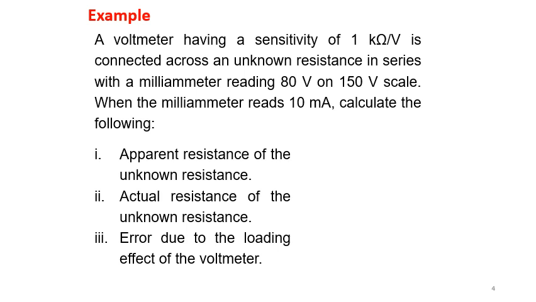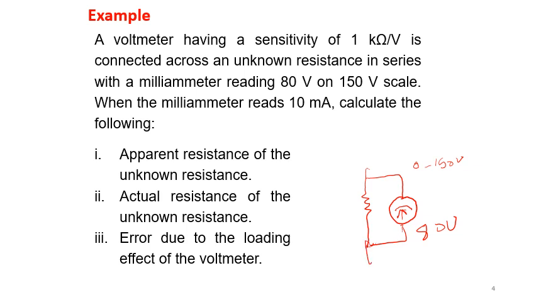The meaning of that is we have a resistor, and the voltage across the resistor is measured by a voltmeter. The voltmeter has a range of 0 to 150 volt, and the value measured is 80 volt.